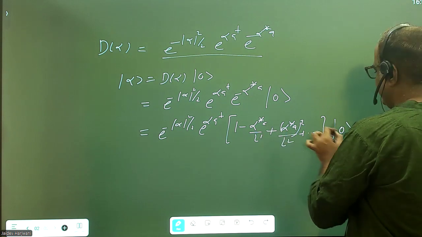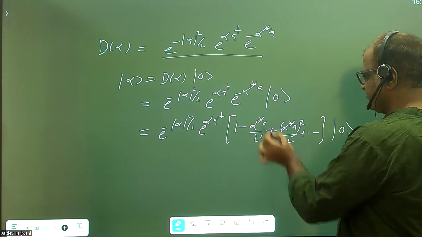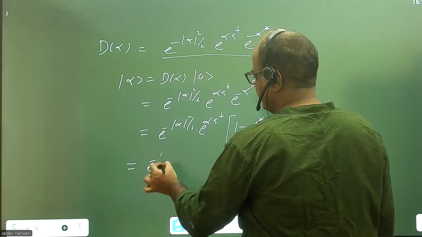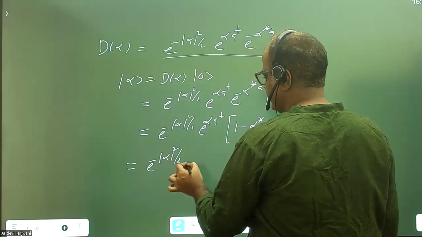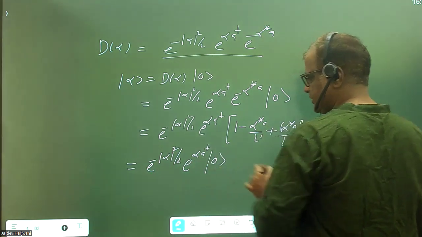Now whenever a operates on 0, we get 0. So all these terms will become 0, and you will be left with only 0. So this expression becomes e^(-|alpha|^2/2) e^(alpha a dagger) on 0.